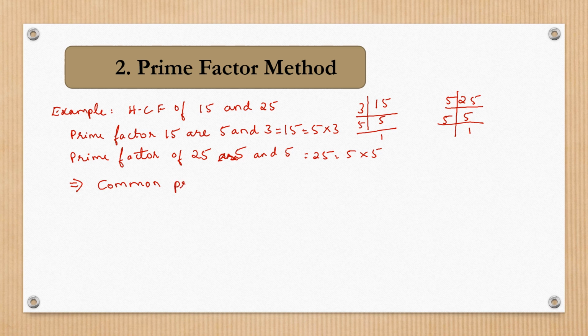Number 5. As you see, 5 and 5 are dividing 15 and 25 in both cases. So you can say the common prime factor is 5. Therefore, the HCF of 15 and 25 is 5.